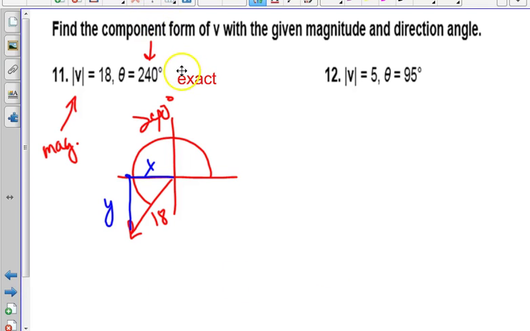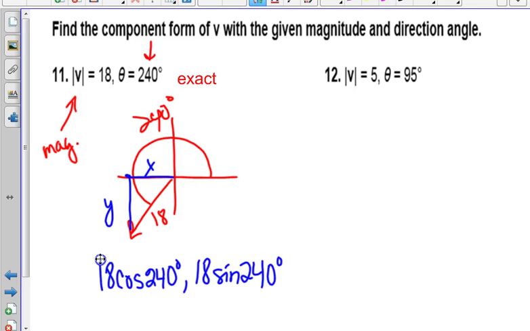This one says exact. Anybody know why it says exact? Anybody know why we could do that one exactly? Do you remember such a thing as a unit circle? Okay, the cosine of 240 is on the unit circle, yes? Could we find its exact cosine?